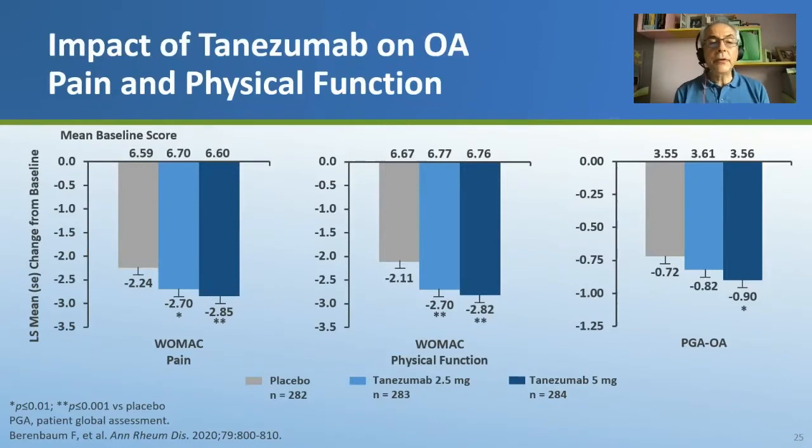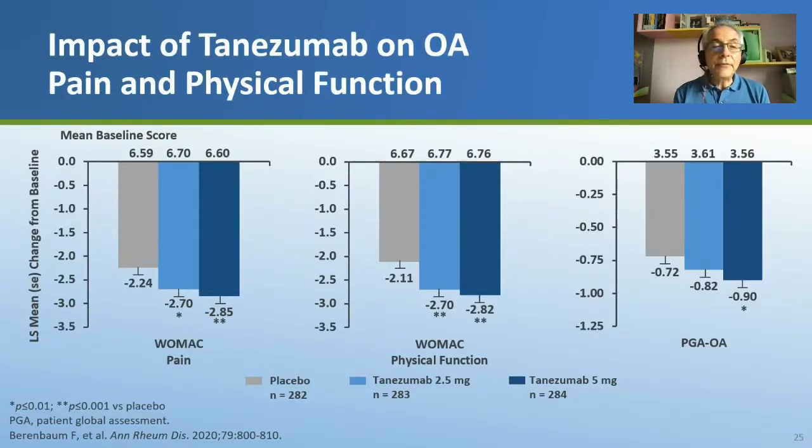So you see here the mean change from baseline at week 24 for placebo, 2.5 and 5 milligram. WOMAC pain is the mean of 5 questions, each scored on an 11-point NRS. The WOMAC function is 17 questions, and the patient global assessment, PGA, for such an OA population was rated on a 5-point Likert scale.